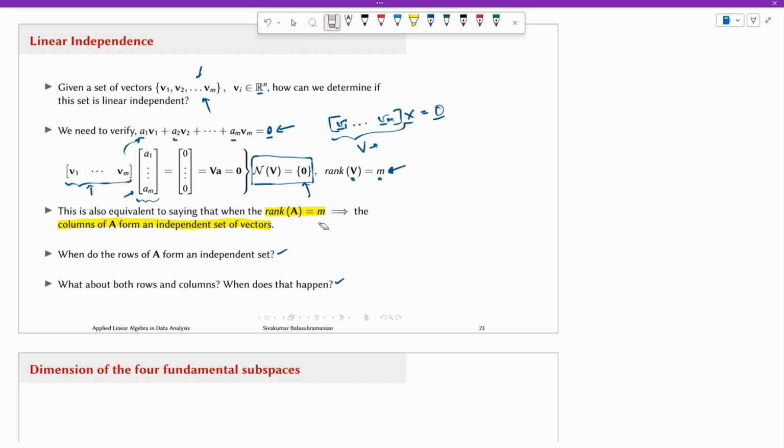But if you look at this statement, right? What is the maximum possible rank for that matrix in that problem? No, what is the maximum possible rank for any matrix?